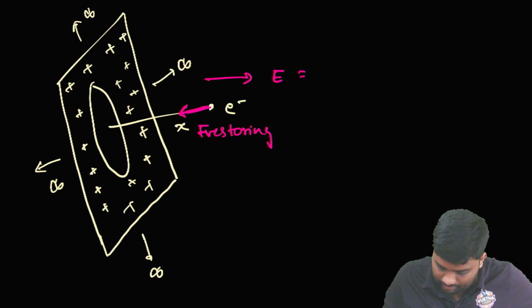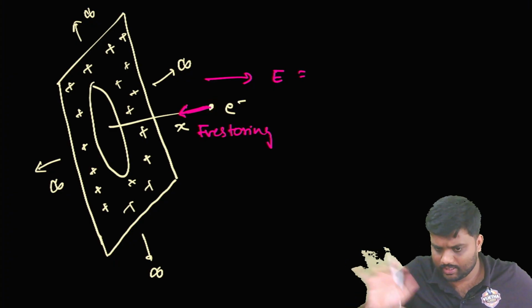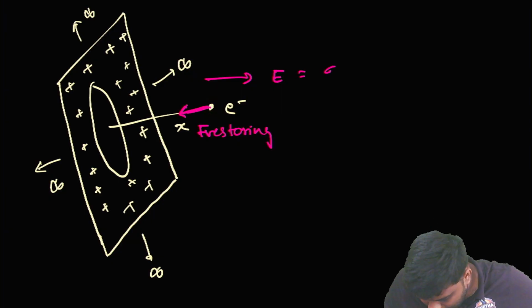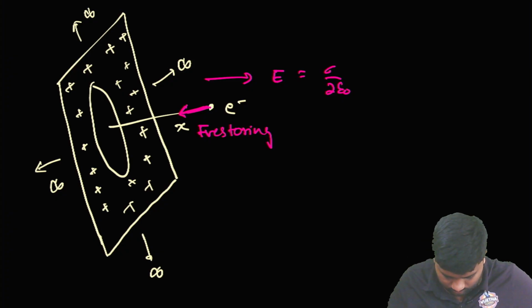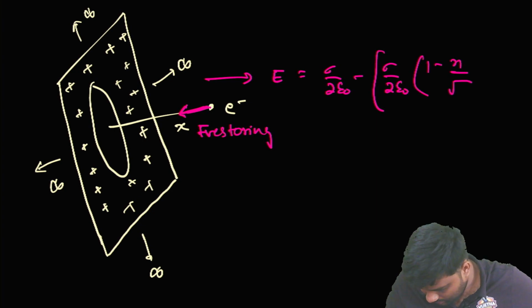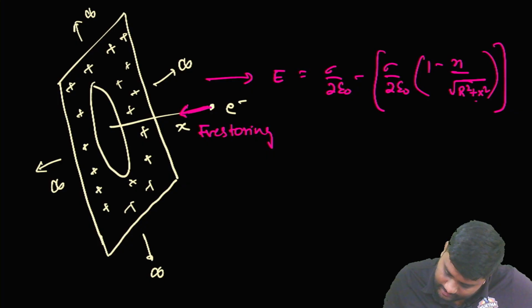See, what should happen to the electric field? Electric field at this point, if I wanted to find out, don't take up the electron now. Electric field at this point comes out to be sigma by 2 epsilon naught minus sigma by 2 epsilon naught into (1 minus x upon under root r square plus x square). Here x is very less, so neglect it.